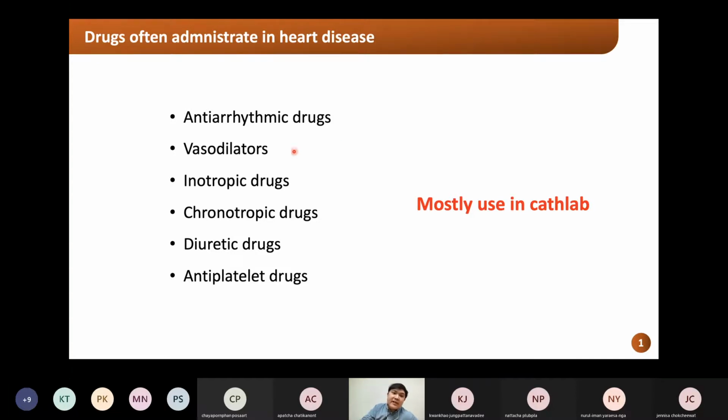And the second one is the vasodilators. Vasodilators are an important drug often used in the cath lab as well, because in some cases the doctor decides to approach the coronary artery through the radial artery, right? In some patients, like elderly females with a tiny body, the radial artery is really small, and so is the brachial artery.